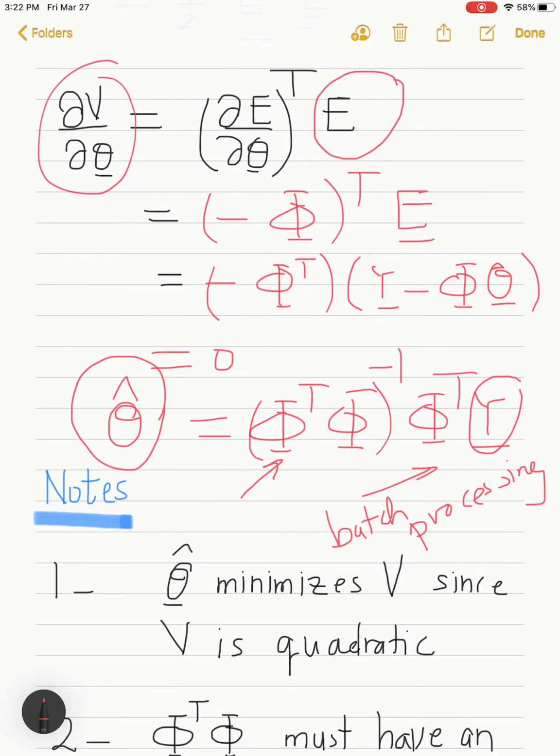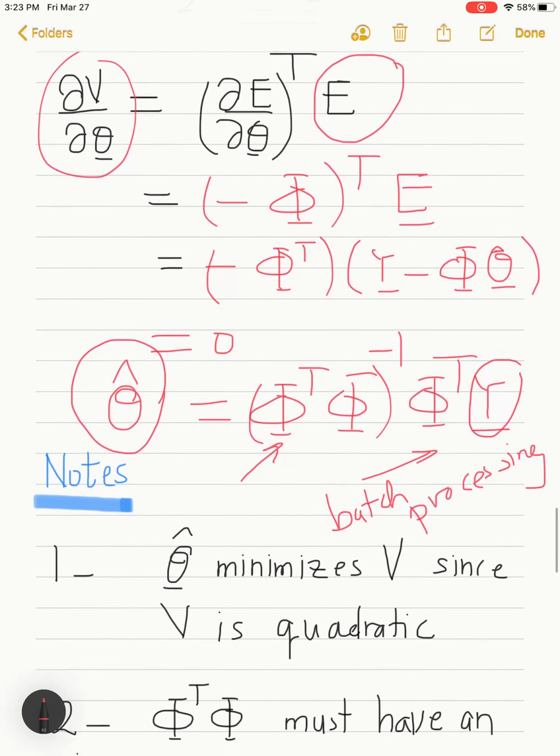This is not really what we need in adaptive control. In adaptive control, we need to update the value of theta at each sample, but this is a subject that we are going to talk about in a coming piece of the lecture, not in this lecture.